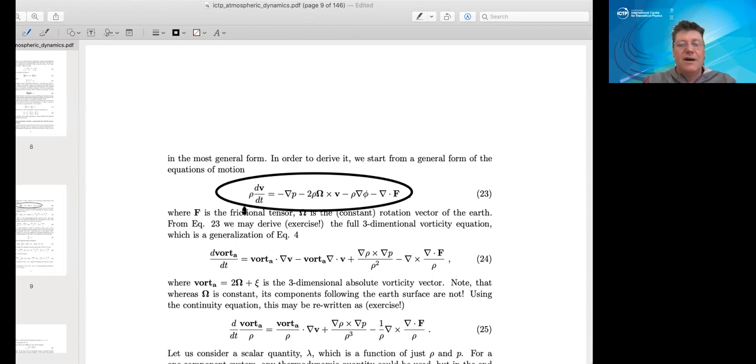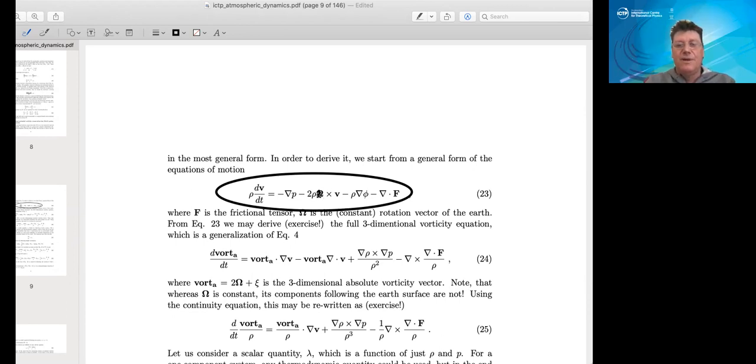So we can write down essentially Newton's law for the motion of atmospheric parcels. And of course, you have named this already. There's the pressure gradient force. There's the Coriolis force. In this three-dimensional form, it looks a little bit different. There's not f, but there is this constant rotation vector of the Earth.